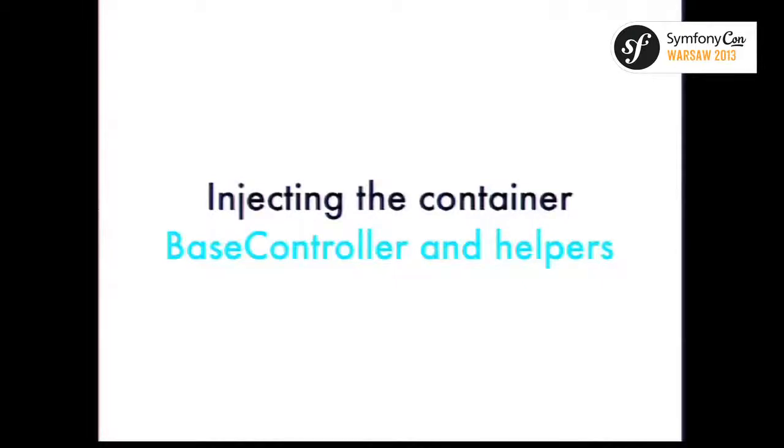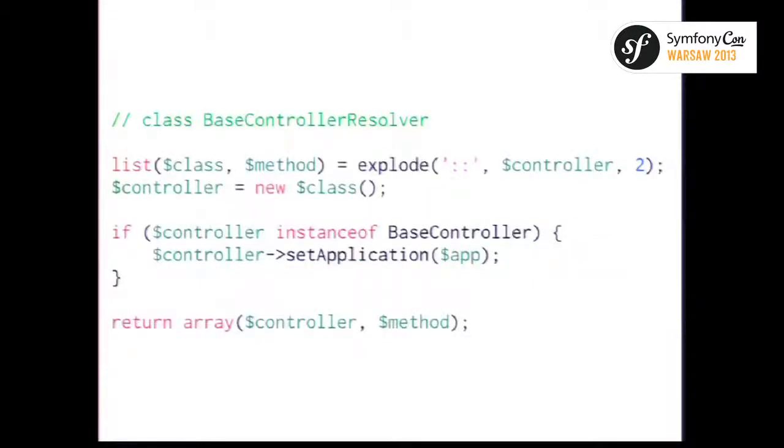And building on that, we can actually start looking at injecting the container, similar to how things work in Symfony. But Silex doesn't do that. This is something that you'd have to add yourself, and you'd have to extend the framework to do so. Now, the bit I just showed you a minute ago that takes that class name, double colon, method name, and turns it into a class and essentially a callable, is part of the controller resolver.